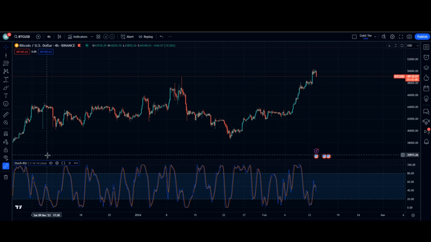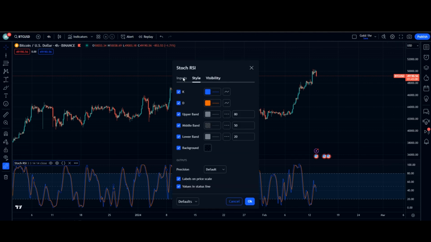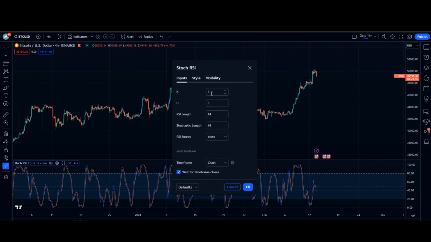So for 4 hour stochastic RSI, the percent K is the percentage of difference between the previous 4 hours of the price's highest point and lowest point, and the percent D is the moving average of that percent K line. And that period, from what we are using, is 14.